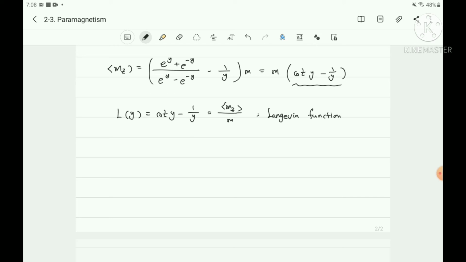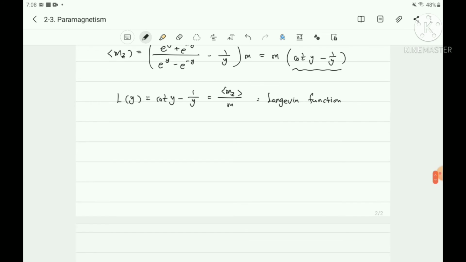Unfortunately, he married a very bad wife, and that's why he did not concentrate on his research. He was the student of Pierre Curie, the husband of Marie Curie, and after the death of Pierre Curie, Langevin became the student of Marie Curie. Anyway, the Langevin function is defined like this.